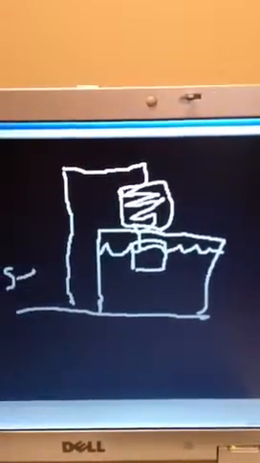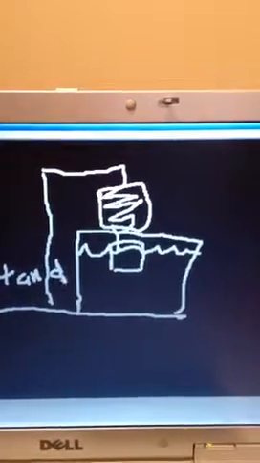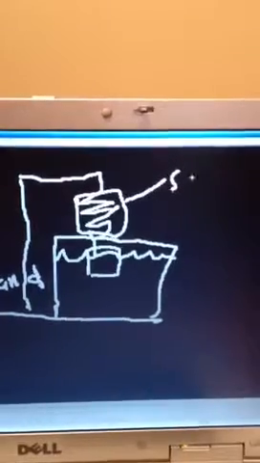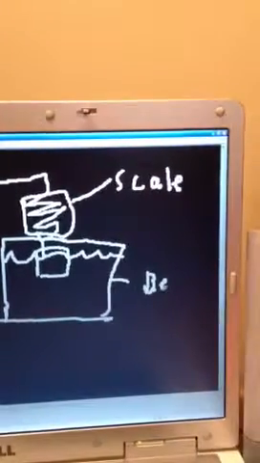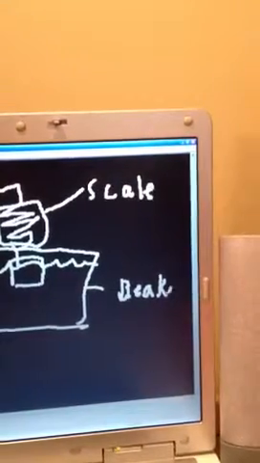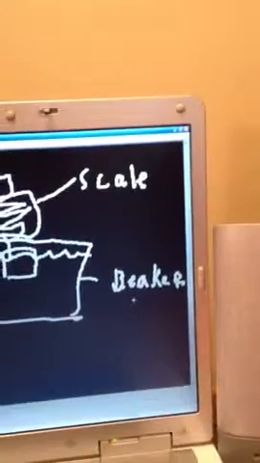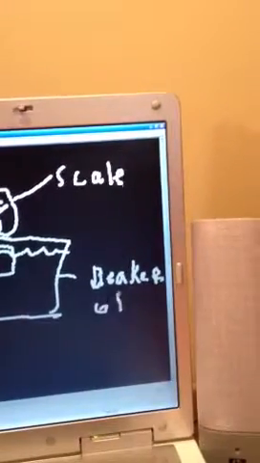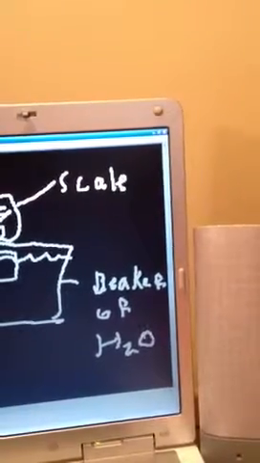So we will still need our stand, scale, beaker of H2O.